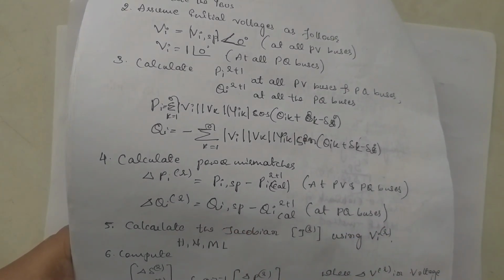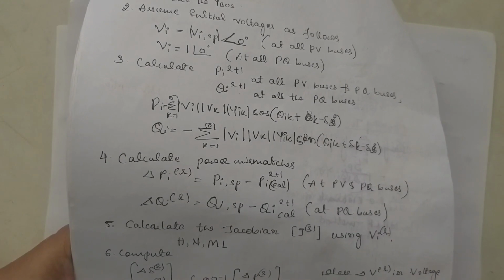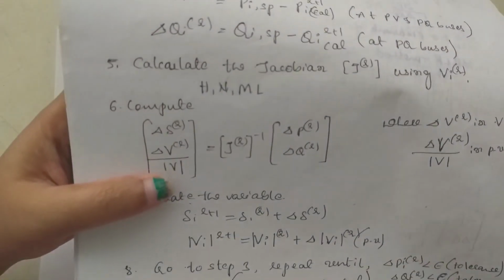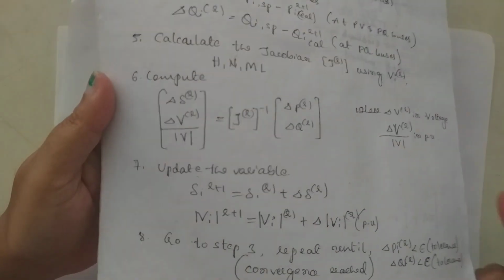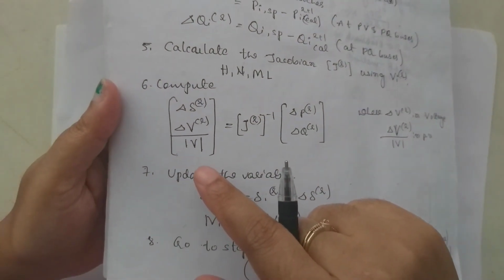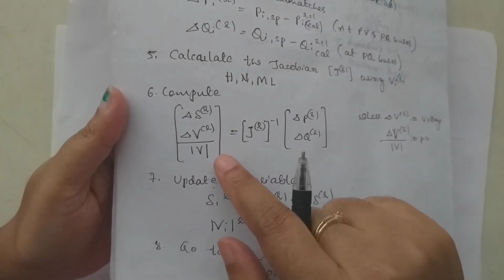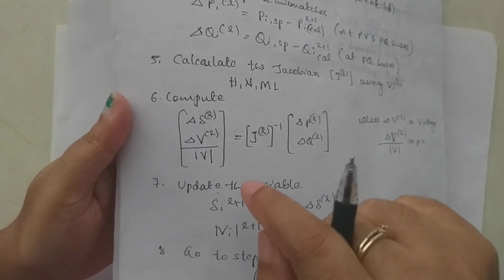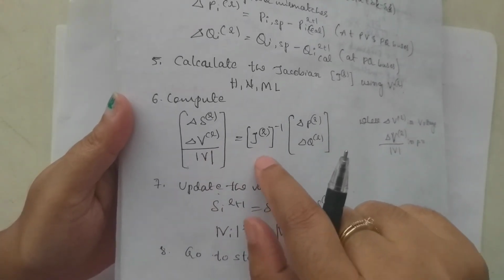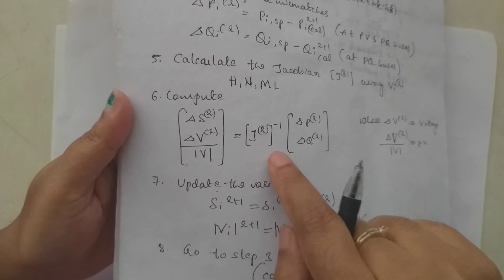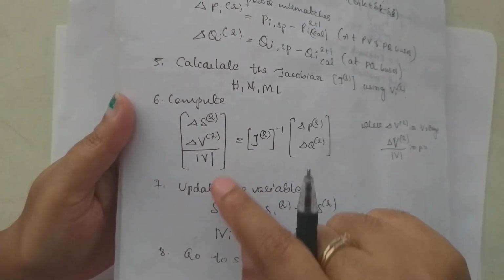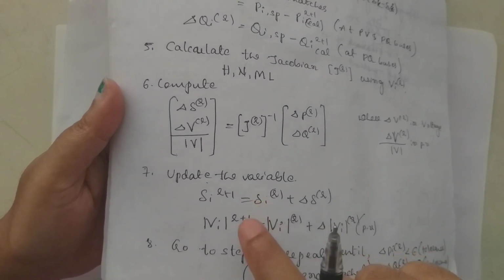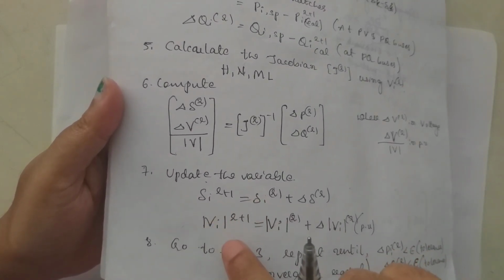Then we have to calculate the Jacobian matrix elements H, N, M, L. After that, we rearrange the matrix equation in such a way that we obtain delta delta as well as delta V, by taking the inverse of the Jacobian. After calculating delta delta and delta V, we update the variables delta i as well as Vi.